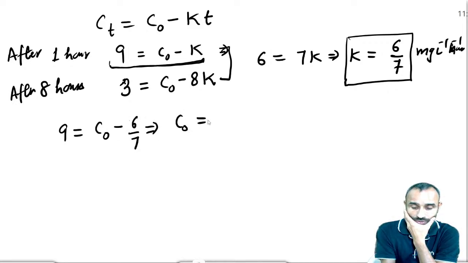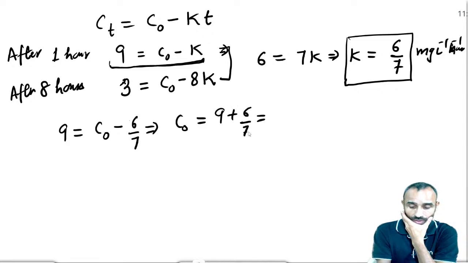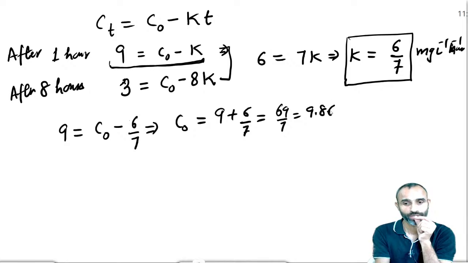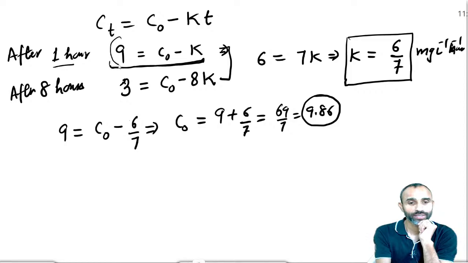What is C naught here? 9 plus 6 by 7, which is 9.86.